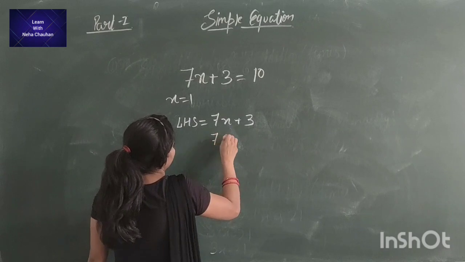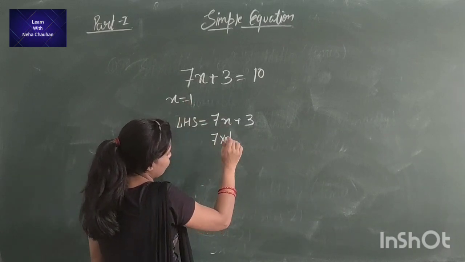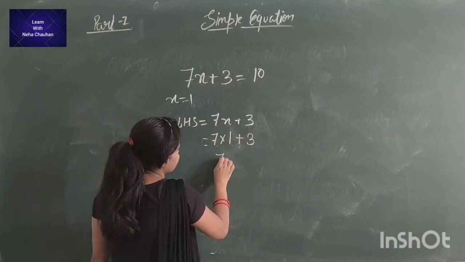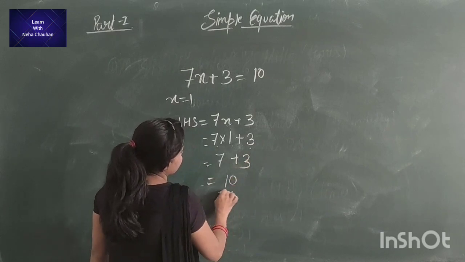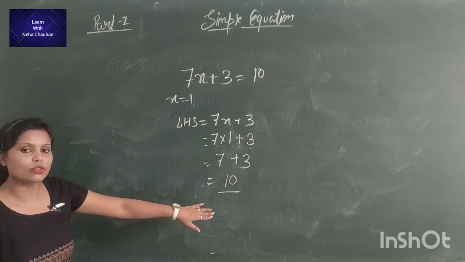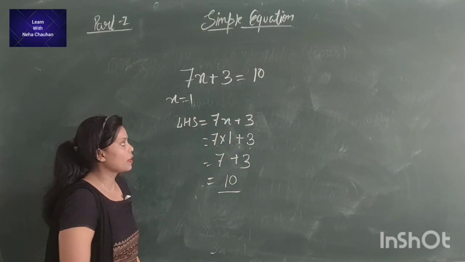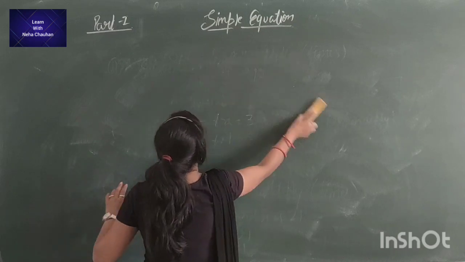So 7 multiply 1, in the place of x we will put 1, plus 3. 7 multiply 1 is 7 plus 3 is equal to 10. So LHS is equal to 10, which is equal to RHS. Okay, so from here we know how to put the values.